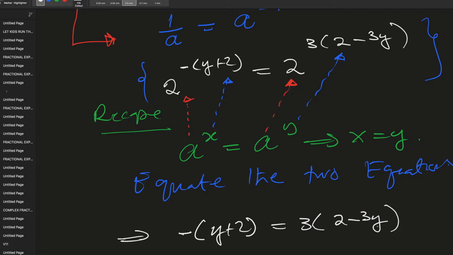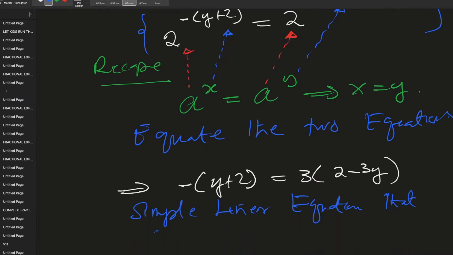So this becomes a very simple linear equation that everybody can deal with, a simple linear equation that can be solved.